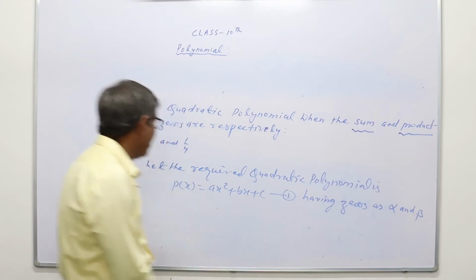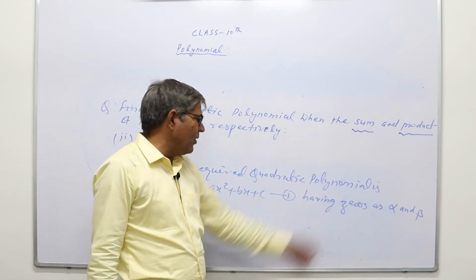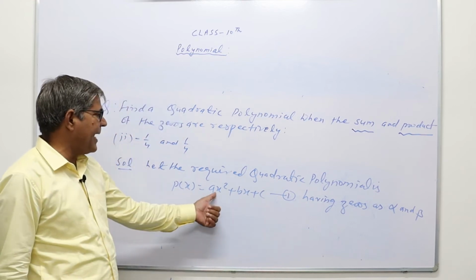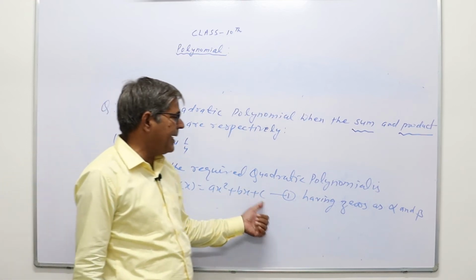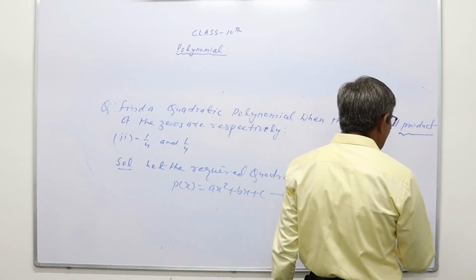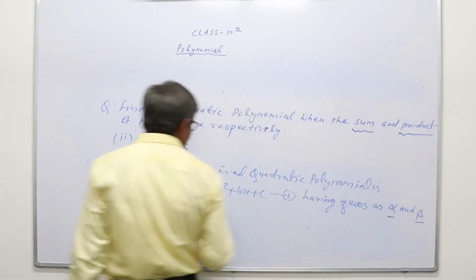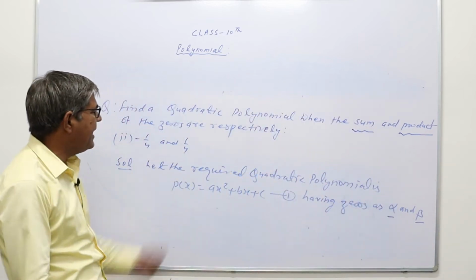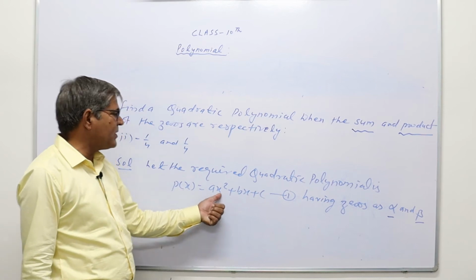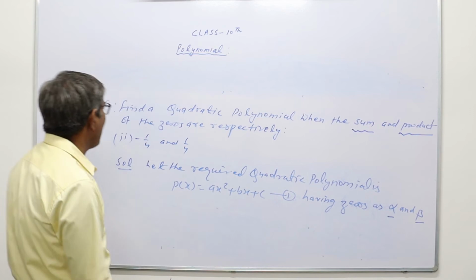What do we assume? Please see, let the required quadratic polynomial be p of x equal to ax square plus bx plus c, having zeros alpha and beta. One zero is alpha, another one is beta, and the quadratic polynomial is ax square plus bx plus c, where a is the coefficient of x square, b is the coefficient of x, and c is the constant. Now what is given?